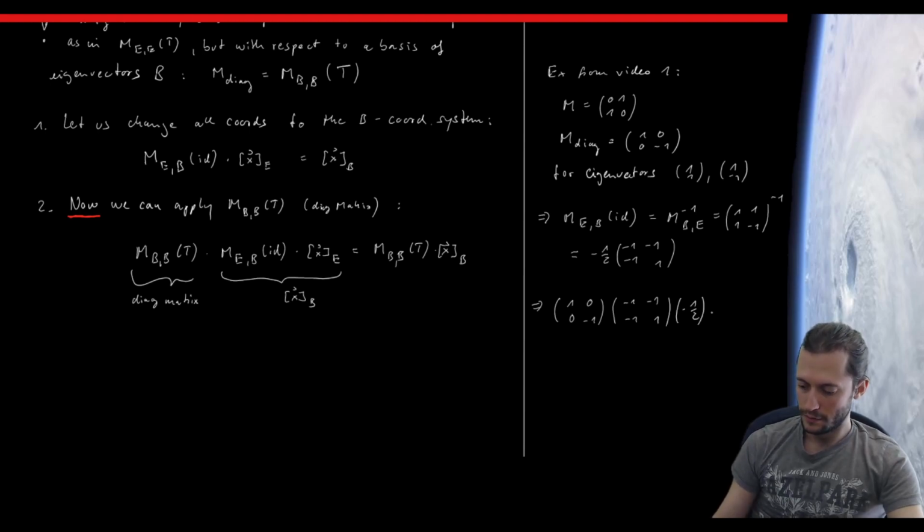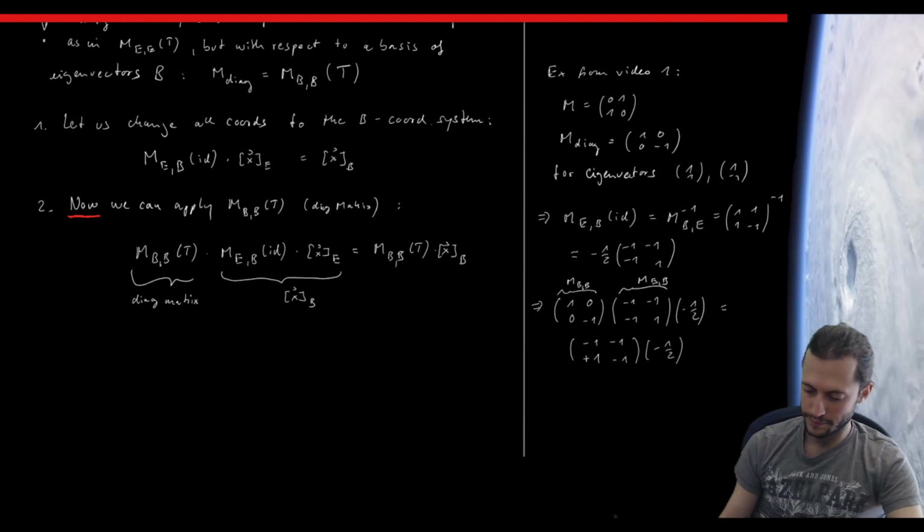And what do we get? We get a plus 1 on the bottom left, a minus 1 on the bottom right. We keep minus 0.5. MBB times MEB.